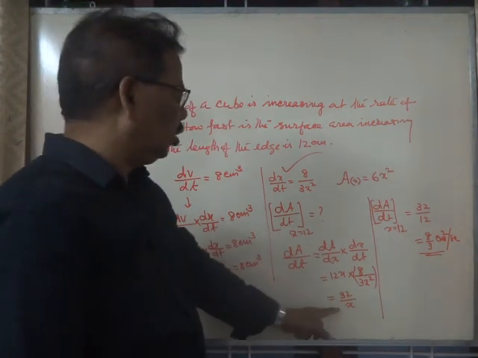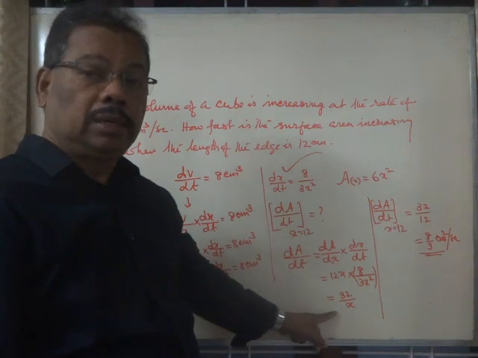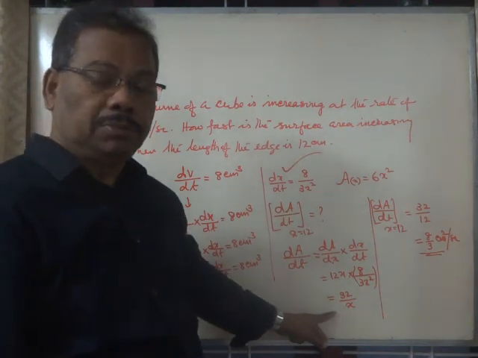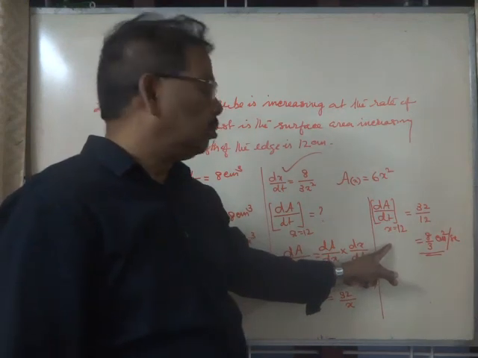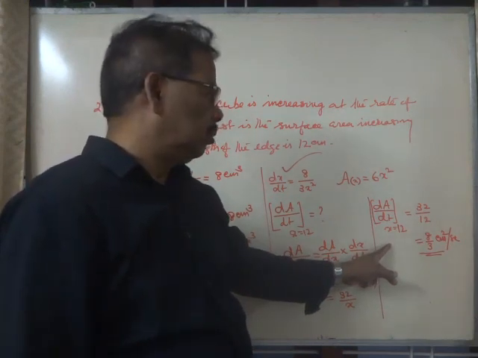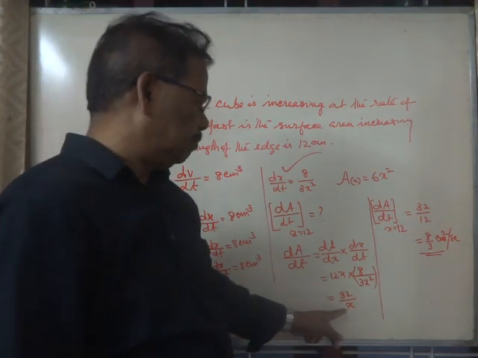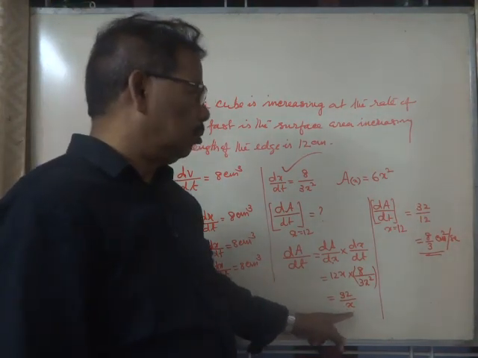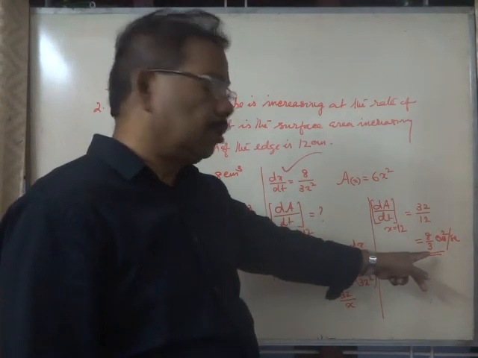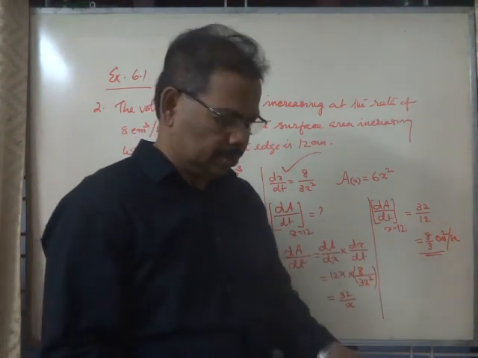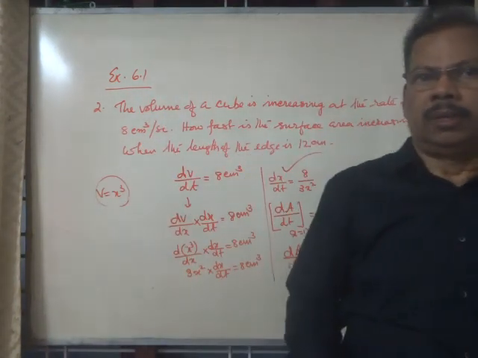That is 32 by x. You are asked to find out the rate of change of area with respect to time when the side length is 12 centimeter. When this x is substituted by 12, the answer reduces to 8 by 3 centimeter square per second. I think you got it.